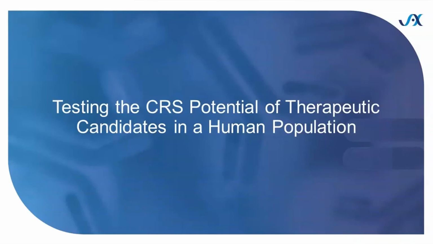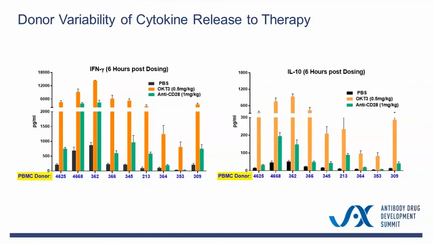Okay, what are the effects of CRS in a patient population? This is an experiment we did early in our process. These are 9 different normal PBMC donors treated in black is PBS, OKT3 in orange, and anti-CD28 in green. And you can see the significant variability in interferon gamma levels of IL-10 in this patient population.